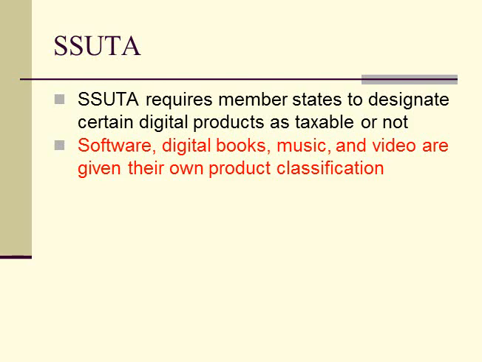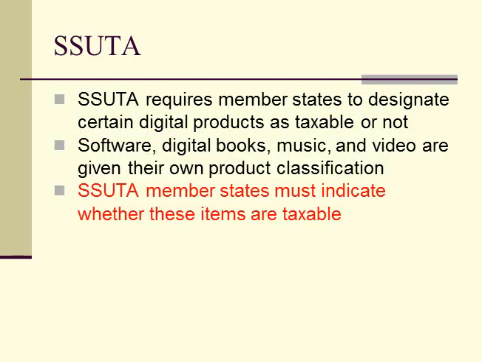Essentially, these items are pulled out of the definition of tangible personal property and given their own classifications. What this means is states must specifically determine whether to tax these items. States can tax or exempt all of them, or they can tax or exempt individual items. Thus, for SSUTA member states, the taxability of such items should be clear.